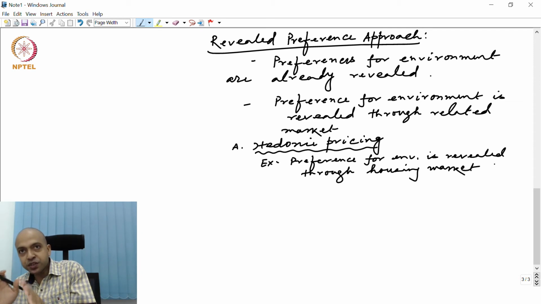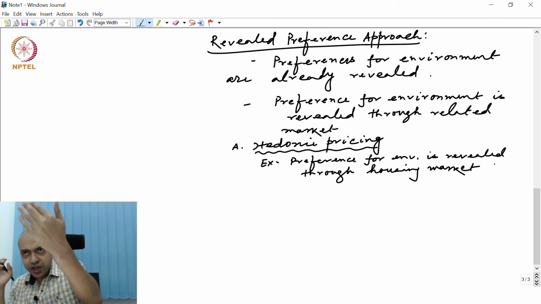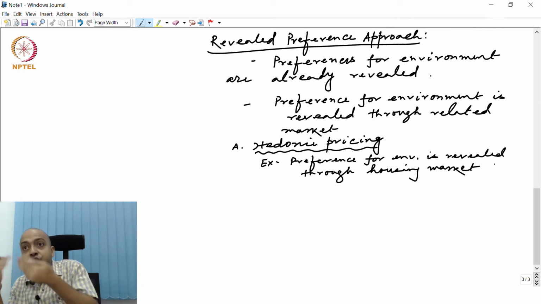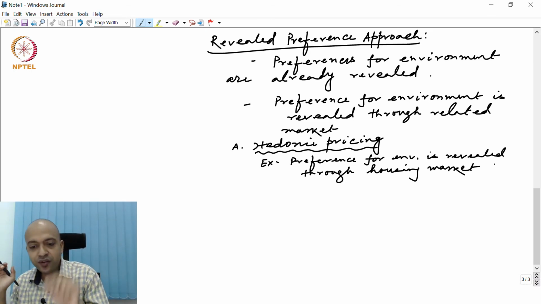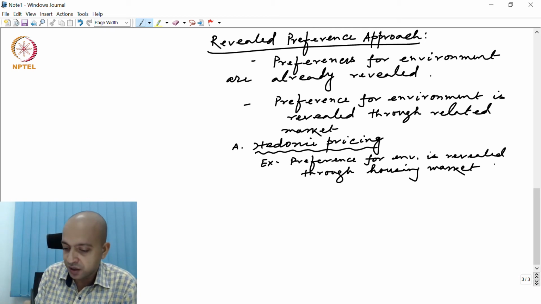One is apartment specific or house specific, and second is the neighborhood specific. Now, in the neighborhood specific factors, one such important factors in that category is environment. So, just by collecting price of a house, we can actually understand what is the premium the respondents are paying for the better environment, and that basically shows the respondents preference for environment, and that is how preference for environment is revealed through this housing market. So this is the first approach under reveal preference category.